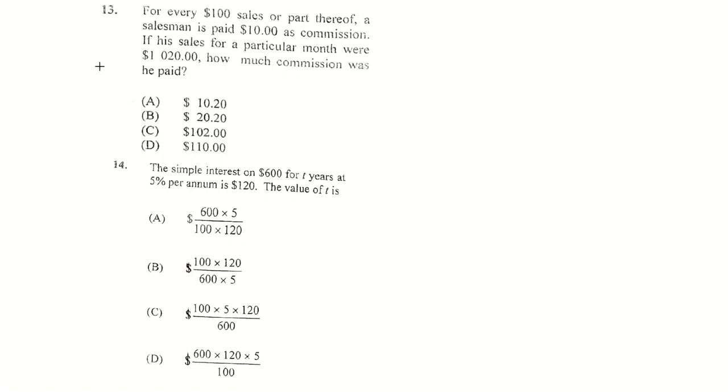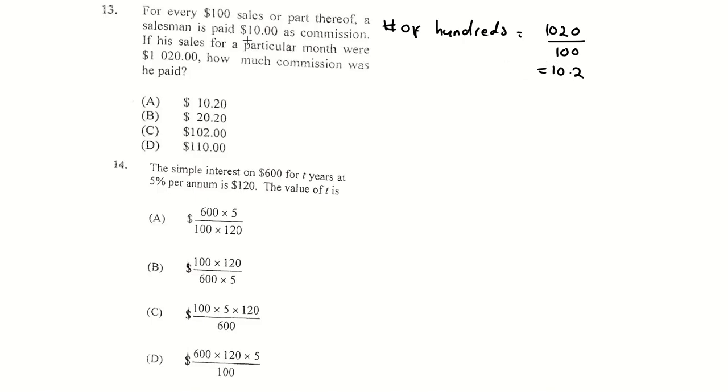If a sale for a particular month was 1,020, how much commission was he paid? So we know the number of hundreds in this is equal to 1,020 divided by 100, so you're getting 10.2.